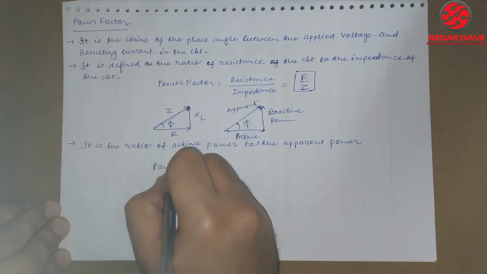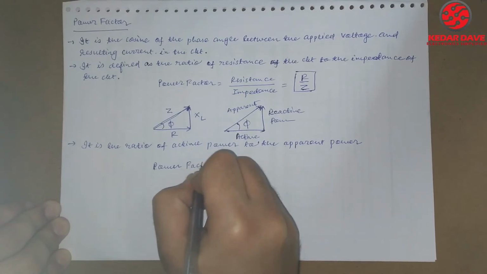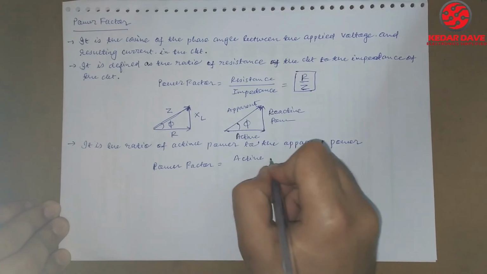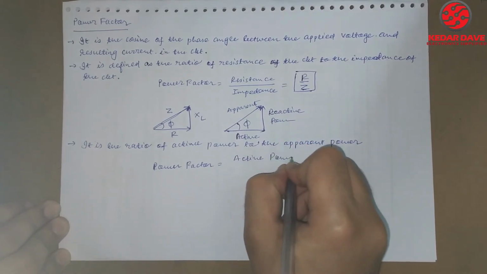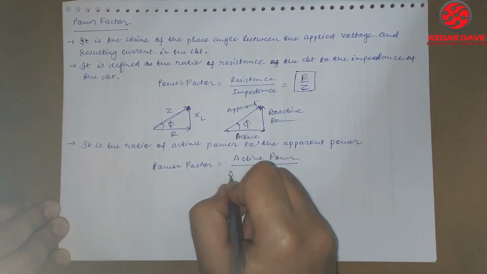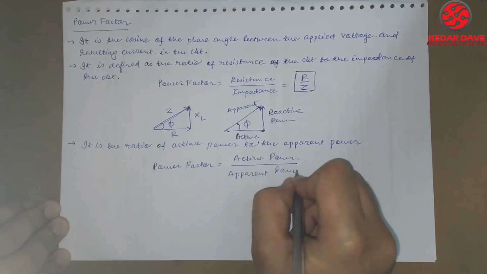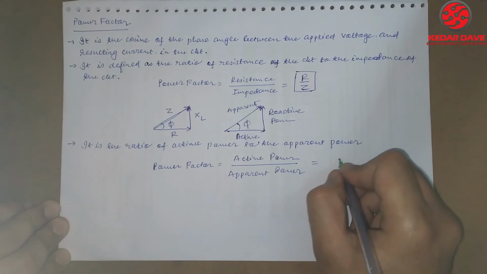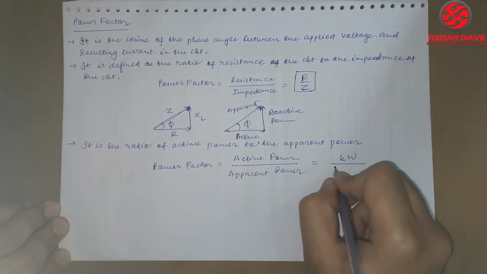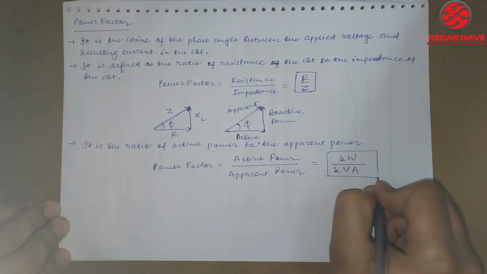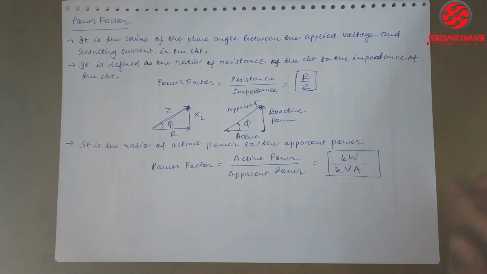So power factor is equal to क्या हो जाएगा, एक्टिव पावर divided by apparent power. So kilowatt divided by kVA. So that is one more definition for the power factor.